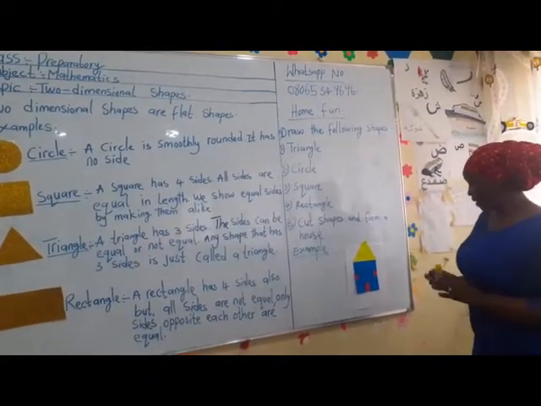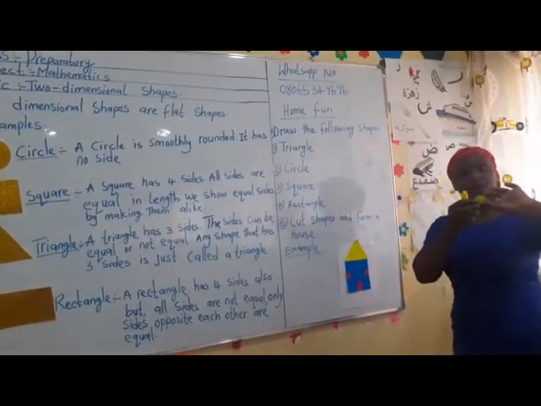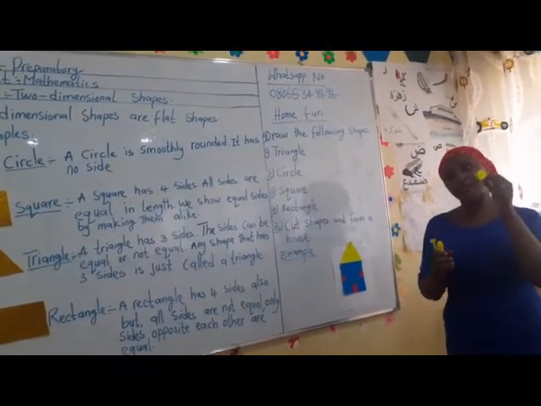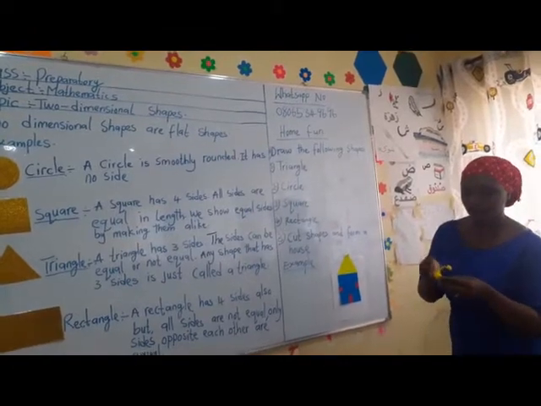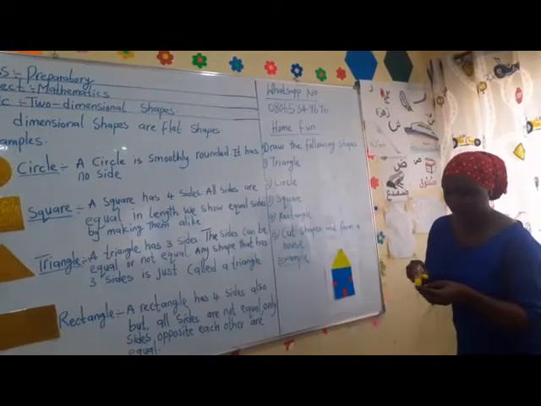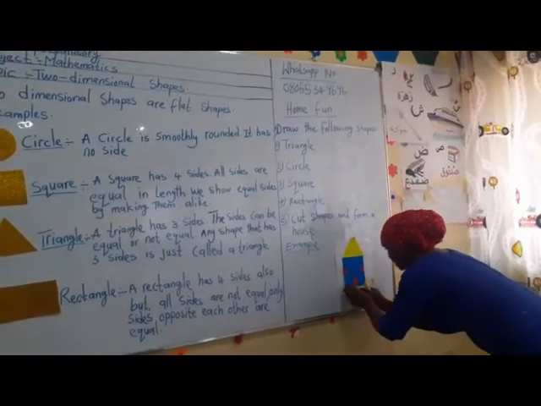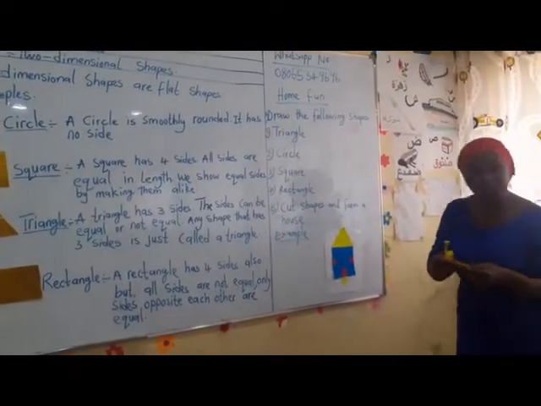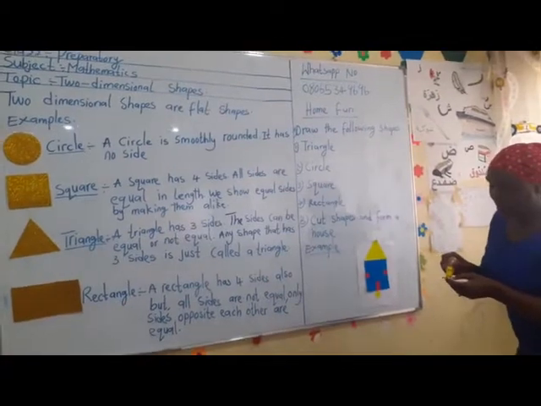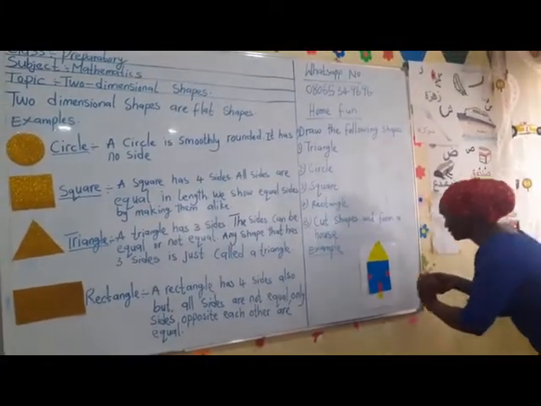Now, this is another shape. This is a circle. What is the name of this shape? Circle. Good. This is your staircase. You can make it your staircase, or your entrance.